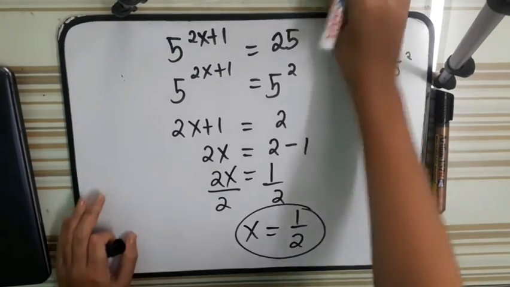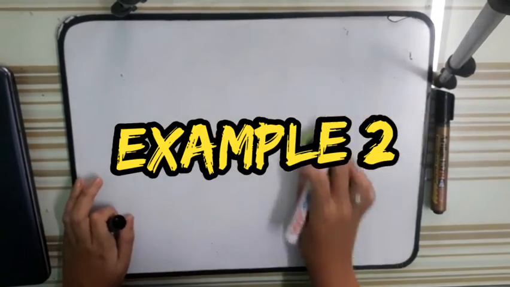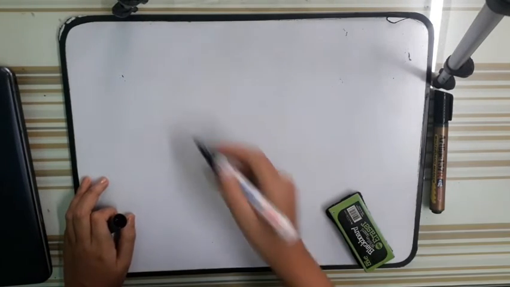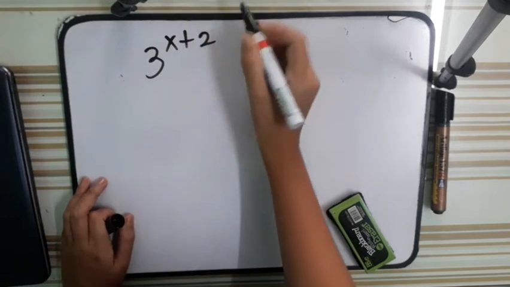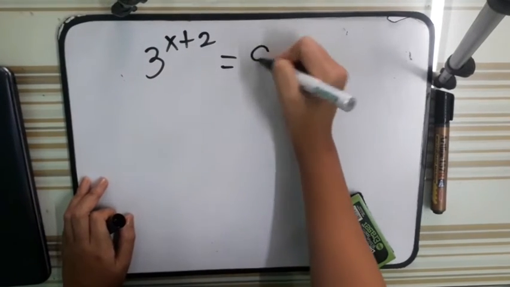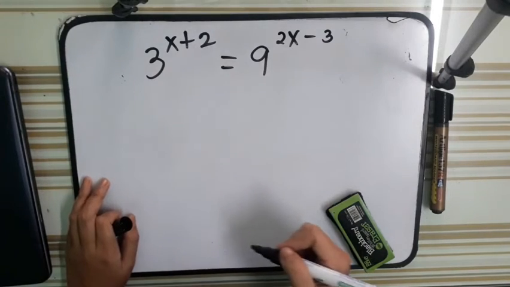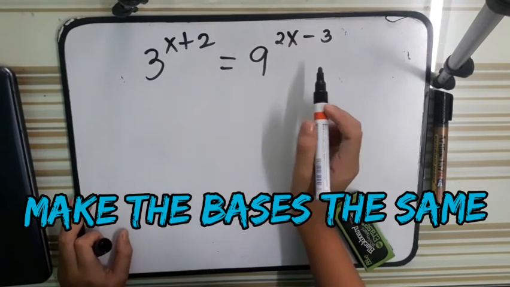Now let's have another example. Let's say we have 3 raised to x plus 2 is equal to 9 raised to 2x minus 3. Now, we're gonna change 9 into base 3.